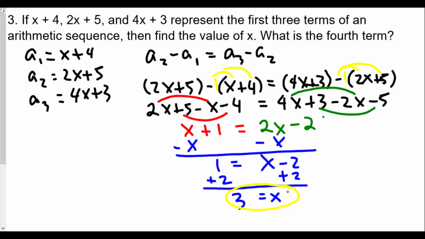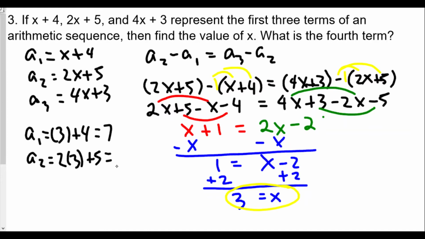Now, if we substitute in, a1 is equal to x plus 4, which is 3 plus 4, so 7. a2 is equal to 2 times 3 plus 5, which is 6 plus 5, or 11.